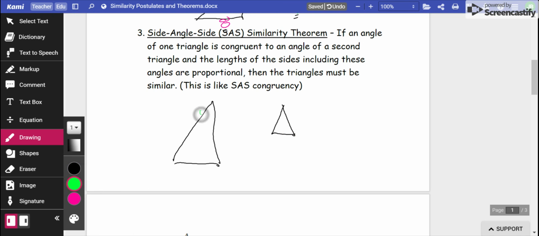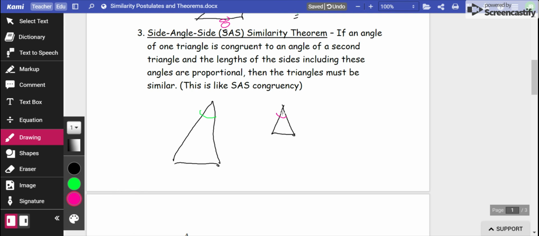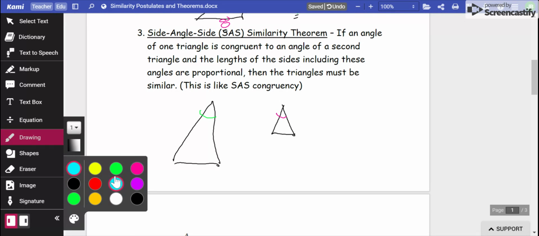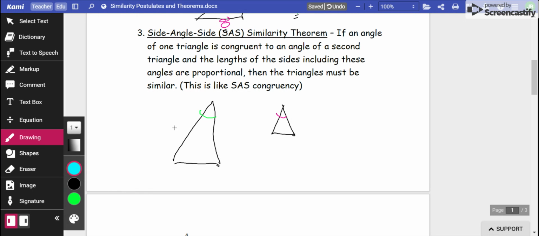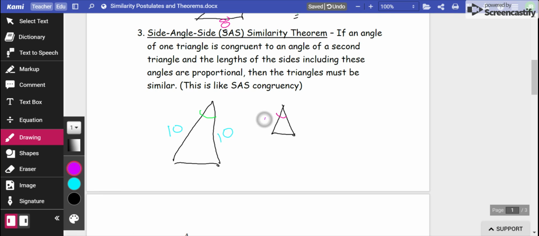Let's just say that this angle matches up with this angle. And the key thing about this is that this side, we'll call this side 10, it's going to be an isosceles triangle. And then I have to make sure that they're proportional. So if I use 5 on this one and 5 on this one, these triangles are going to be similar.